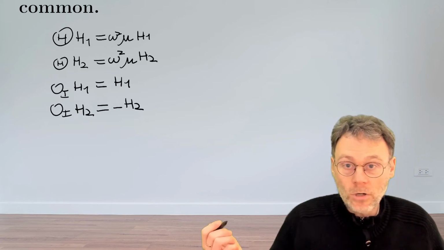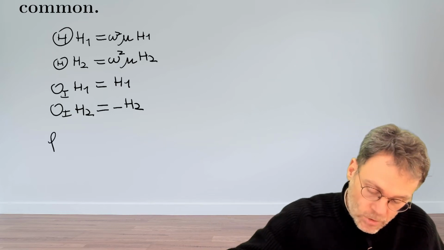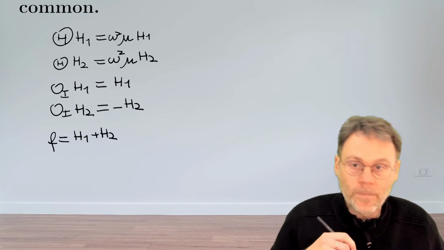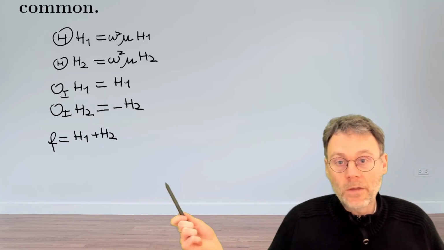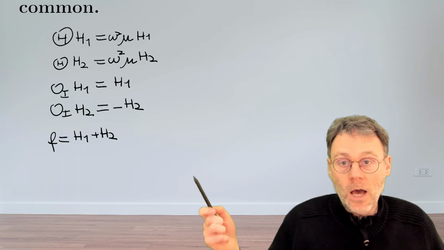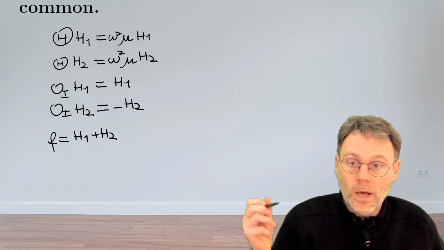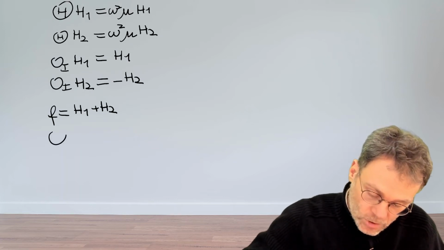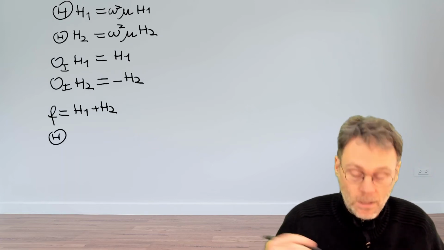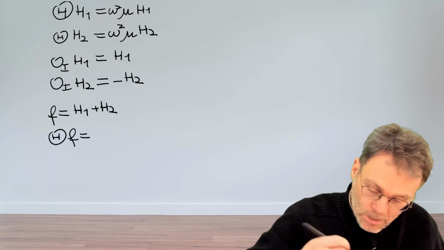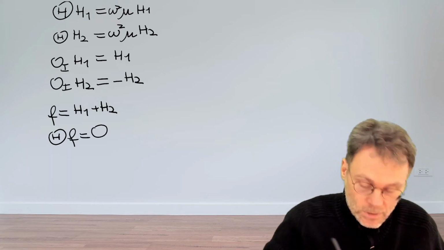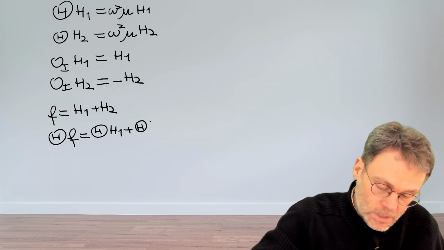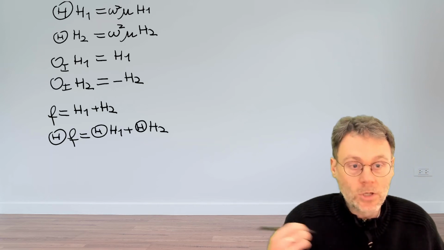Let's now construct a new function f, which is just H1 plus H2. And let's try and figure out if f is an eigenfunction either of theta or of O_I. First of all, when we take that function and have our operator theta operating upon it, it's a nice linear operator. So that's just going to be theta operating upon H1 plus theta operating upon H2.